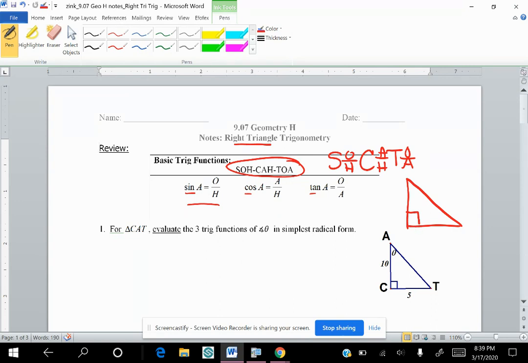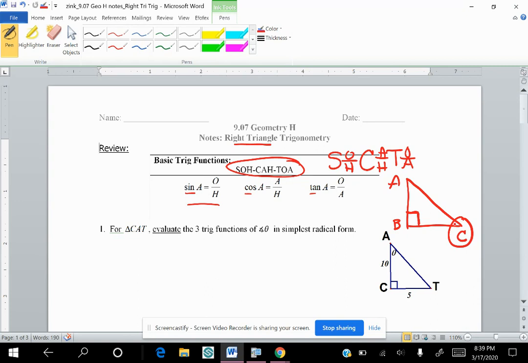So if we have triangle ABC and we're looking at angle C, you can look at any of the angles except the right angle. You can never find the sine, cosine, or tangent of that right angle.